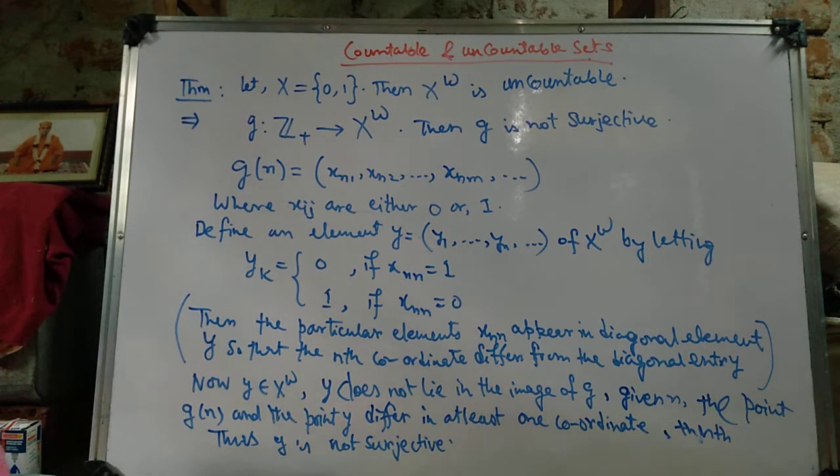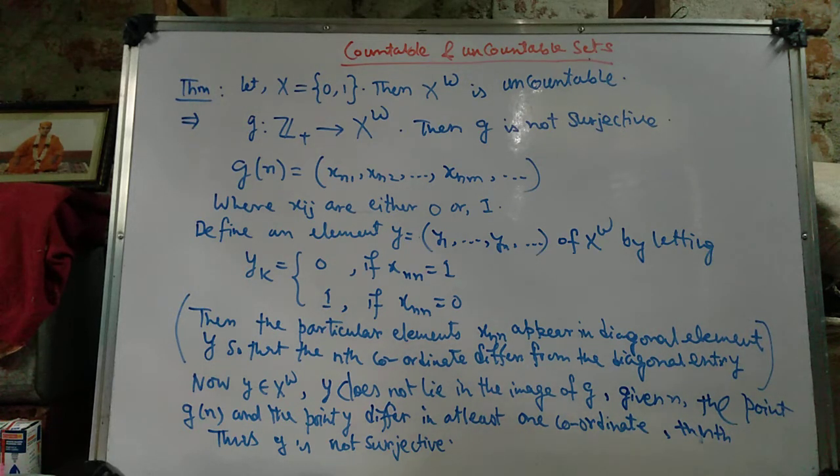Then how did we construct this? G is a function from Z plus to X to the power omega, and G is not surjective. Gn equals xn1, xn2, ..., where the xij are either 0 or 1.